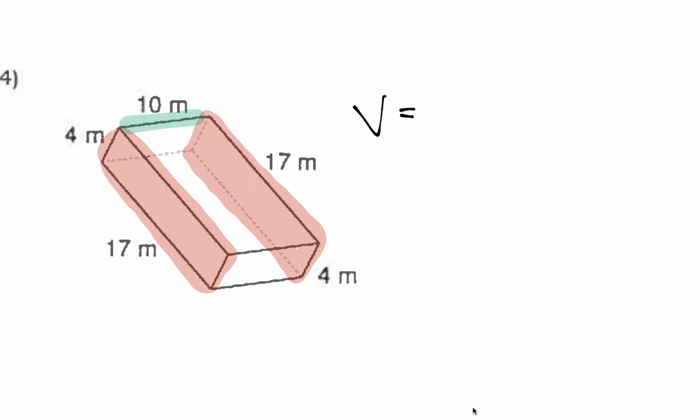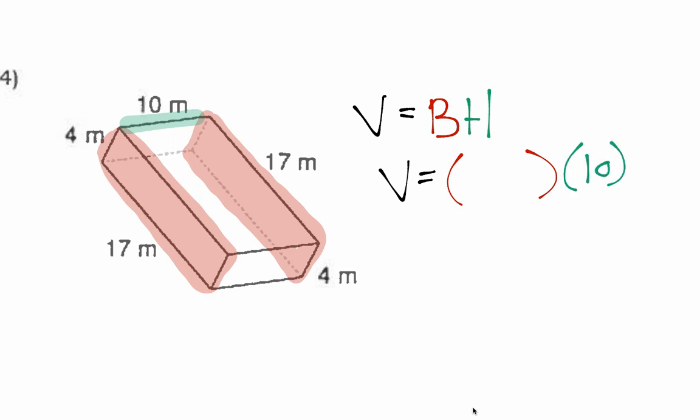So volume equals base times height. And when I say base, I mean volume of the base. Since it's a rectangle, it's going to be length times width, which is 14 times 7 for me.